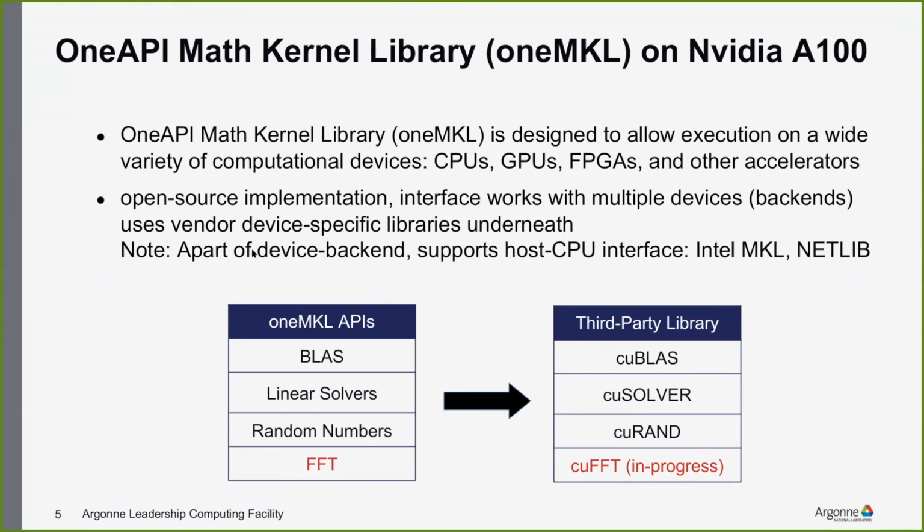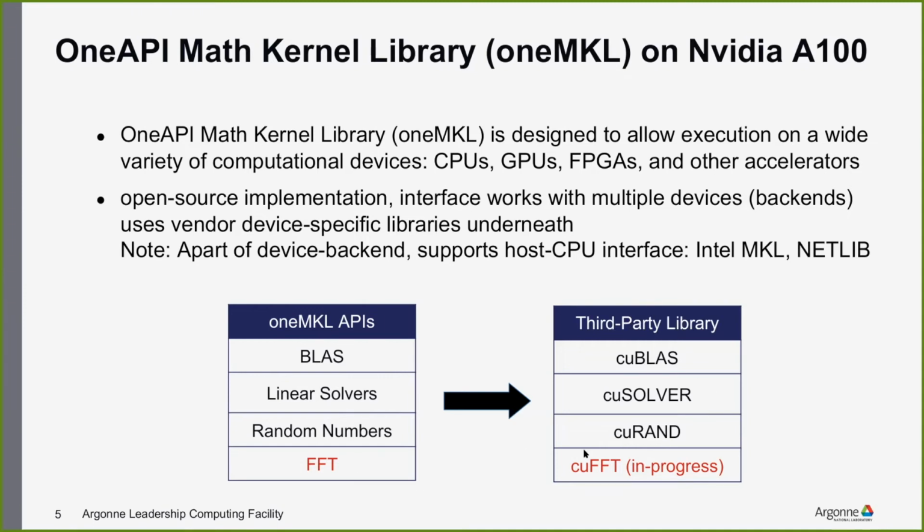As you can see in this chart, you have APIs for BLAS, linear solvers, random number generators, which, when you run, map behind the scenes to the CUDA-based libraries. It's the same APIs whether you run it on Intel or Nvidia or AMD or any other platform. They just offload it to the relevant third-party libraries.